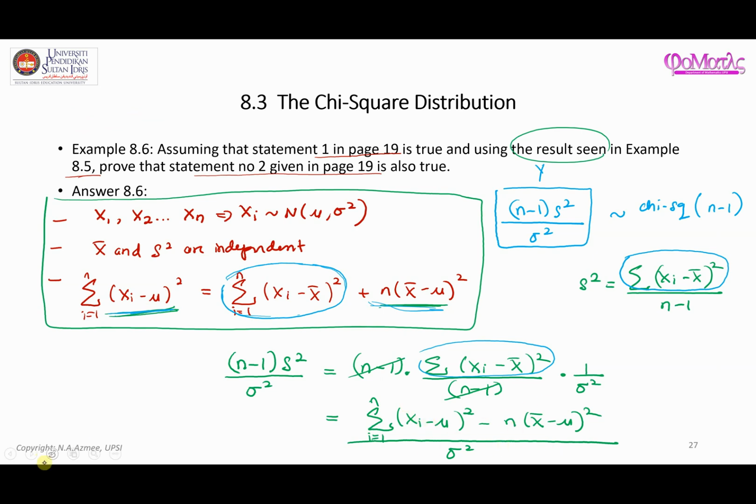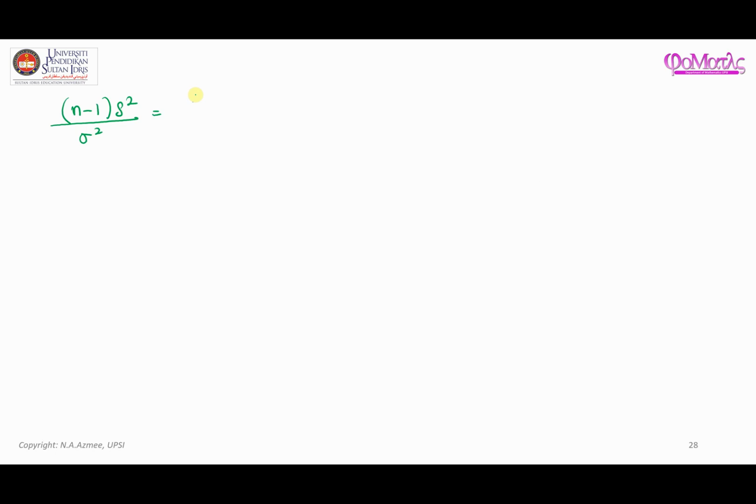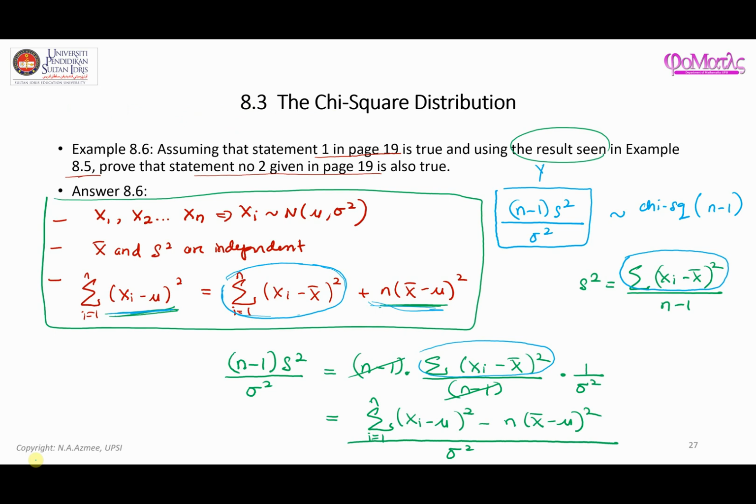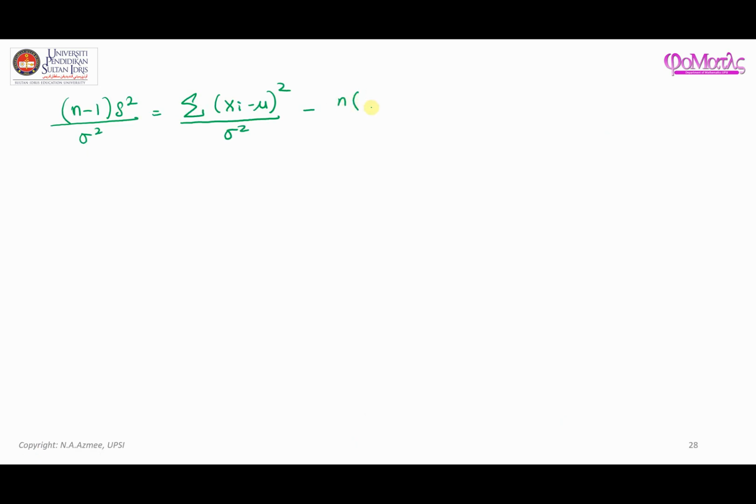So we have the summation of Xi minus mu, squared, over sigma squared, minus n times X bar minus mu, squared, over sigma squared.